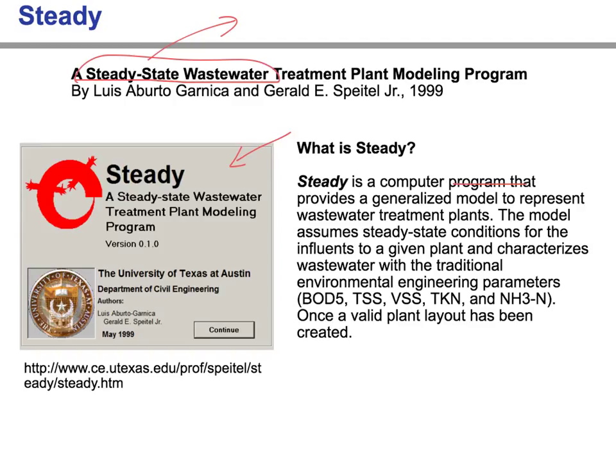This model assumes steady-state conditions for the influent to a given plant and characterizes wastewater with the traditional environmental engineering parameters, including BOD, TSS, VSS, TKN, and NH3-N.